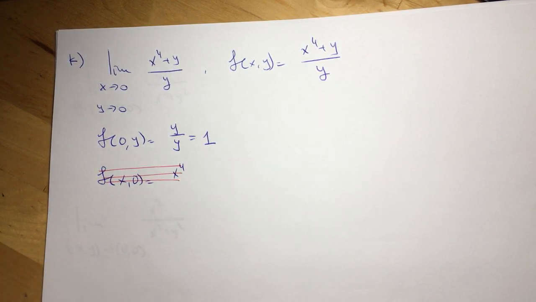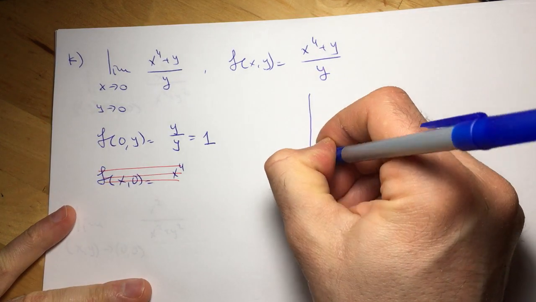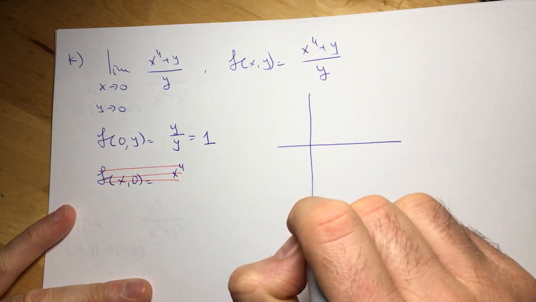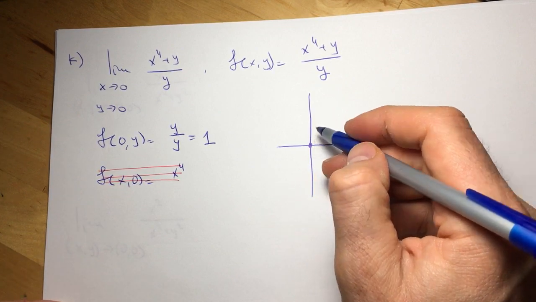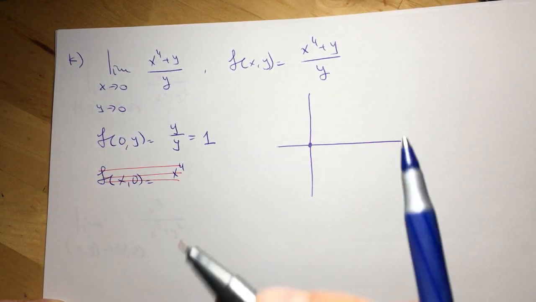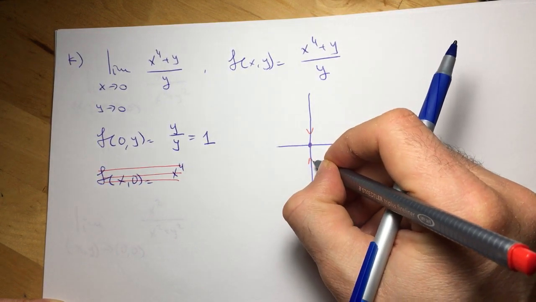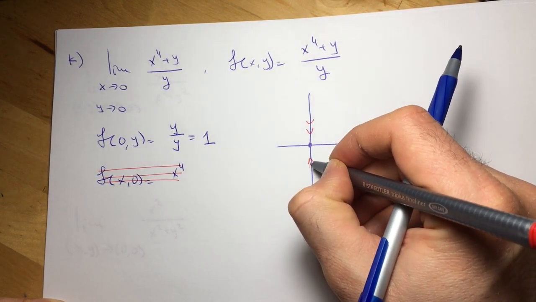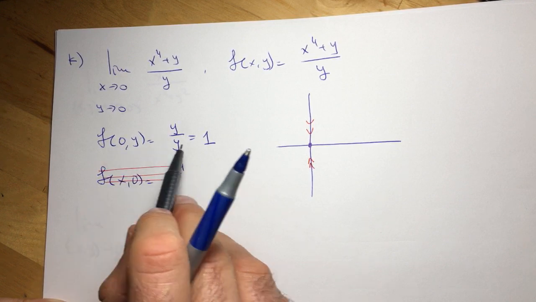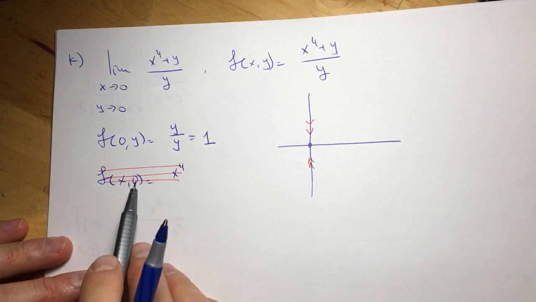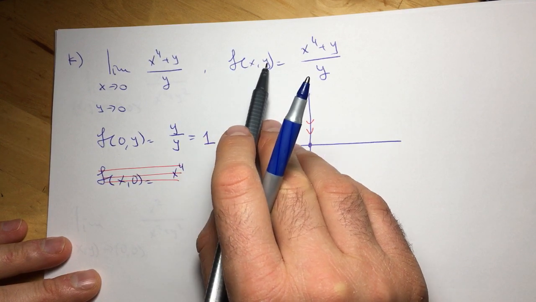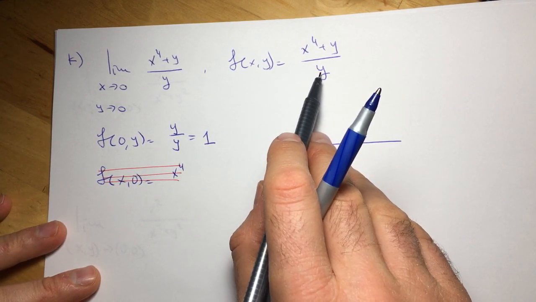So I need to find another way to approach this point that is going to be different. When I'm approaching along the y-axis, when I take x equal to 0, the limit is 1. I cannot take y equal to 0, because the function is not defined there.